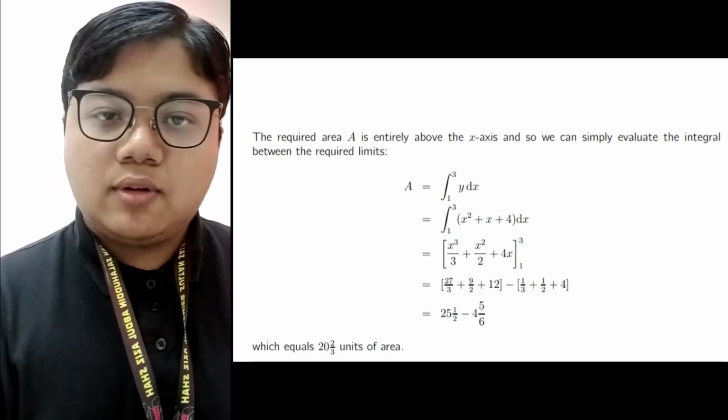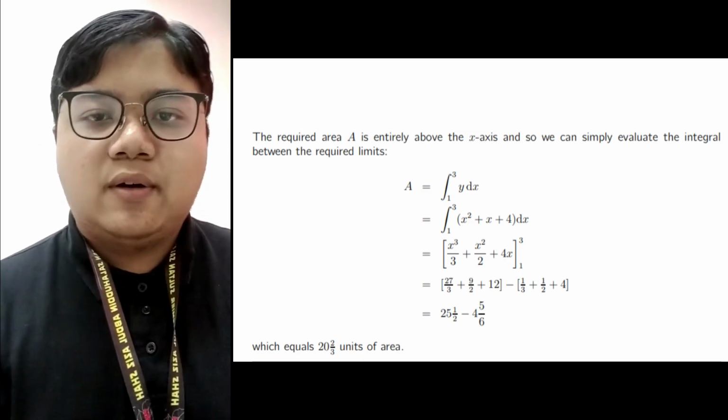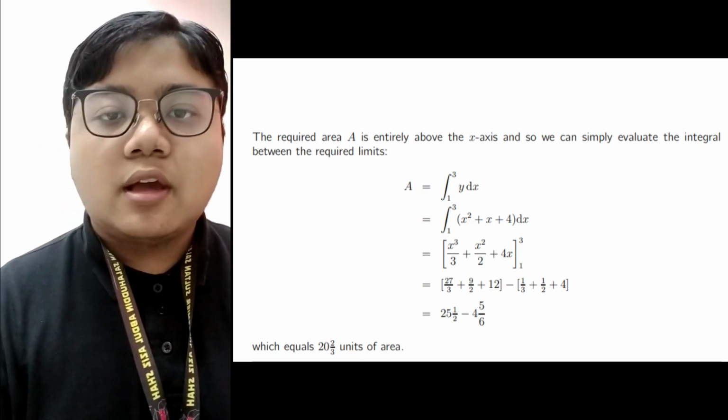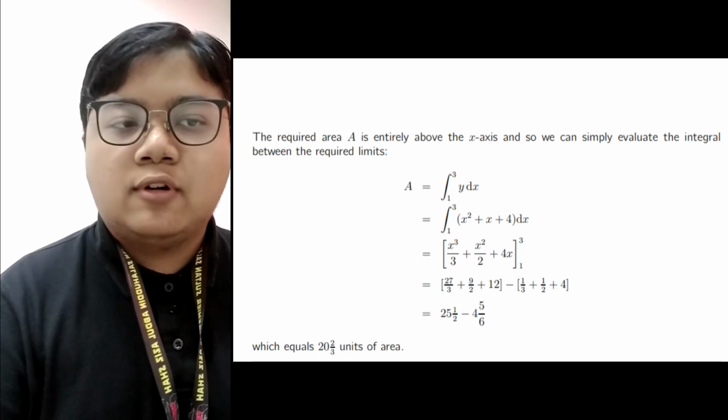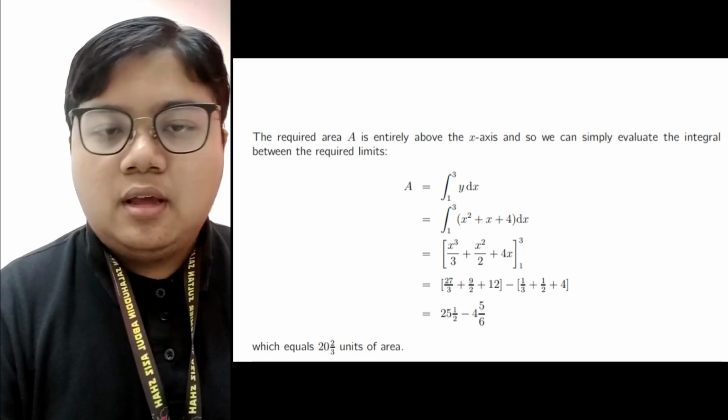First we integrate the equation, and then it will become [x to the power of 3 over 3 plus x squared over 2 plus 4x] with upper limit 3 and lower limit 1.